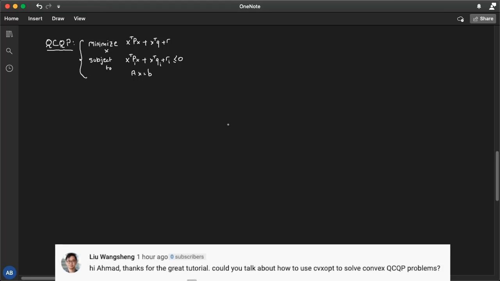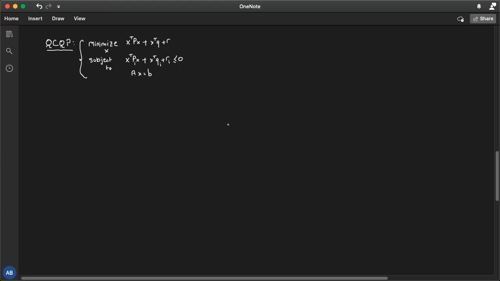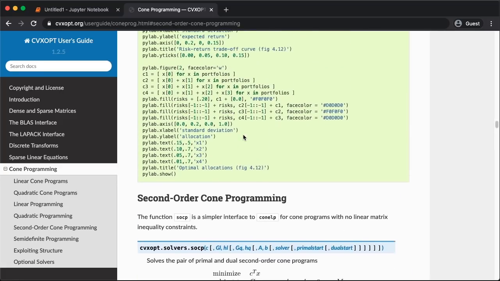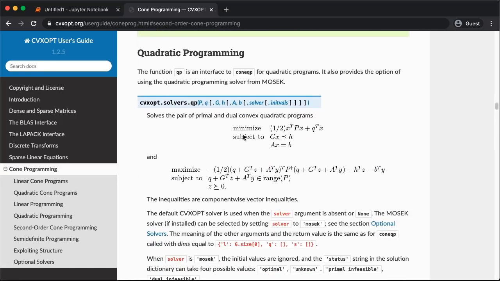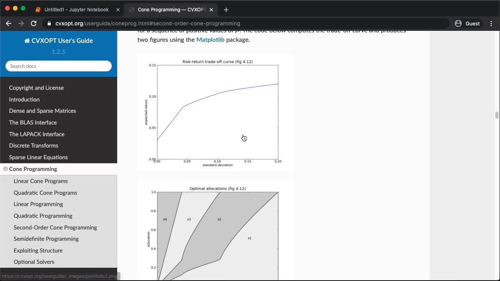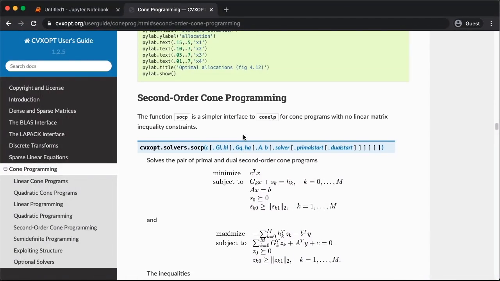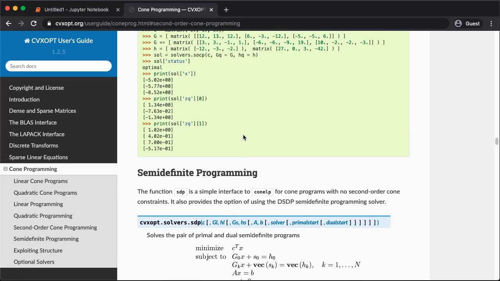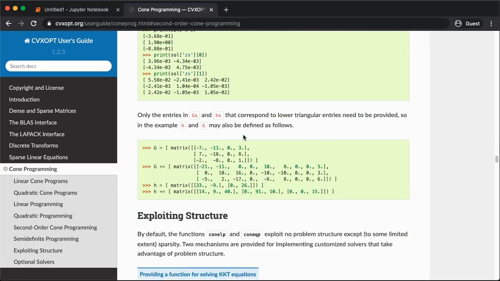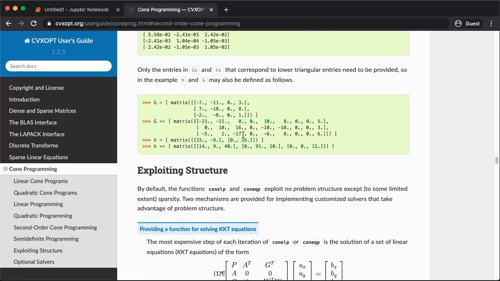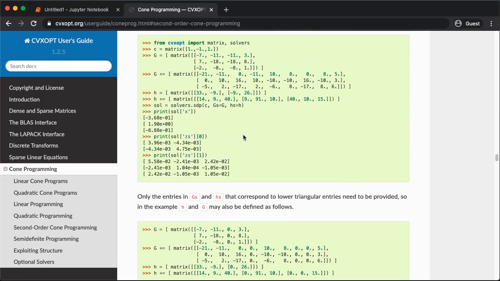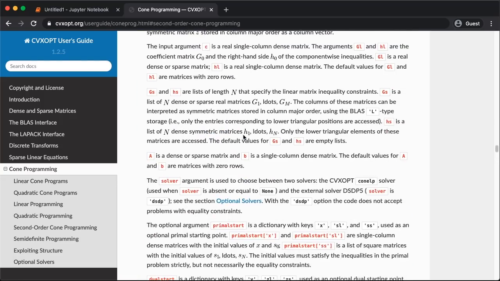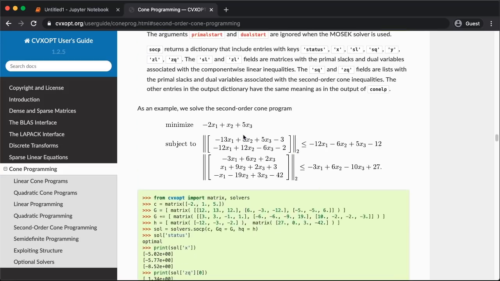Well, this is very interesting, I think, and the reason why is because once you open the documentation of CVXOPT and once you go to quadratic programming or even cone programming, you don't stumble upon QCQPs. And the reason why is because a QCQP could be written as an SOCP, right?